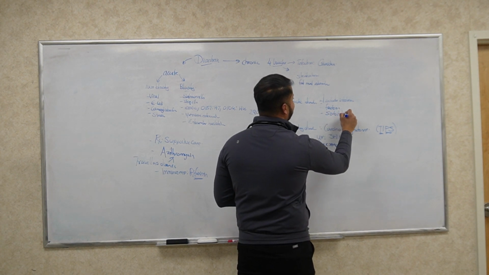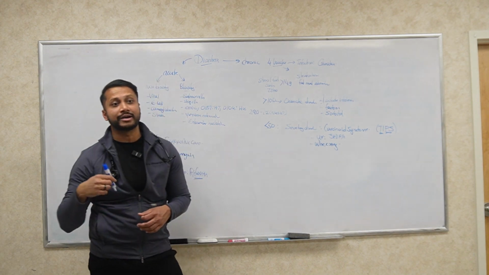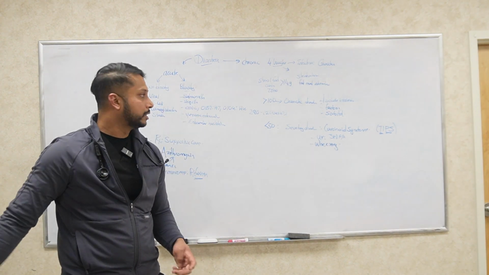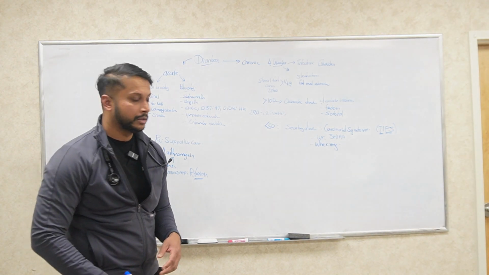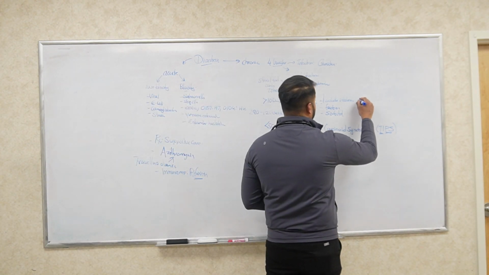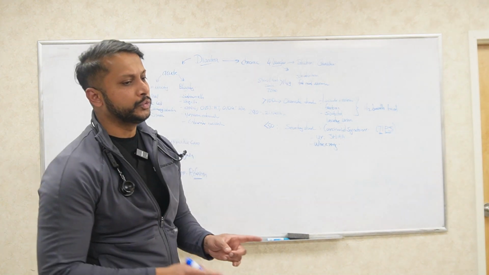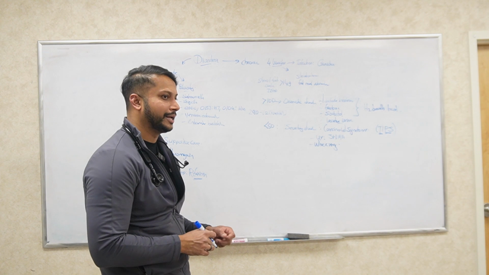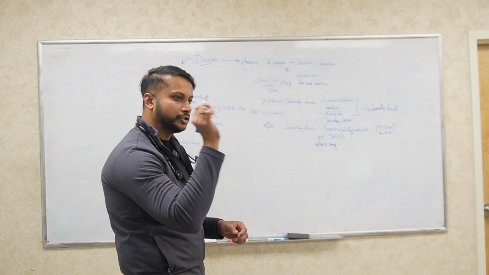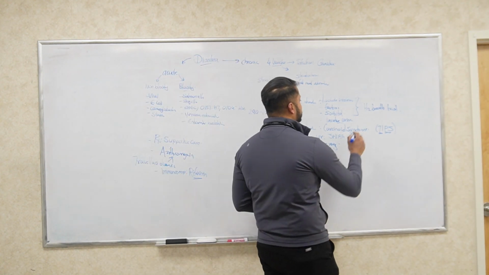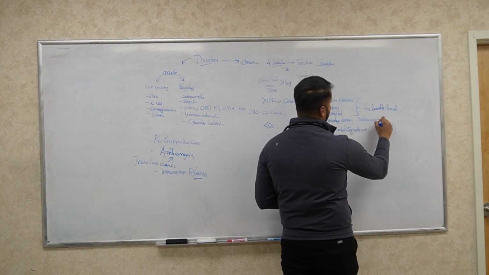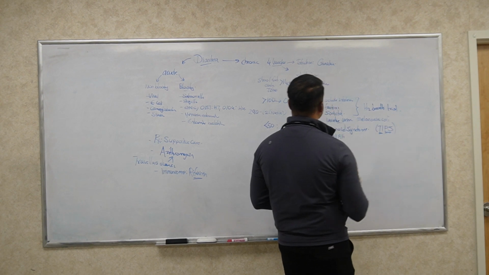There are a lot of other sugars that people can be intolerant to, and whenever they ingest these things, they're going to have an osmotic diarrhea. Apart from that, anybody who abuses laxatives gets a colonoscopy. What would you see inside there? A black dot pattern, which is called melanosis coli.